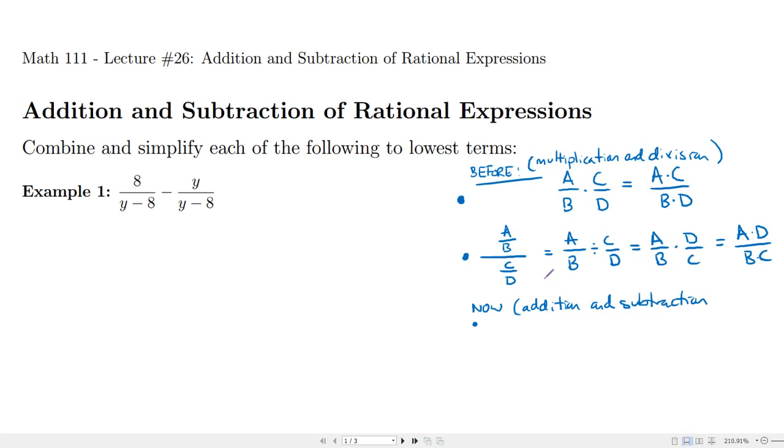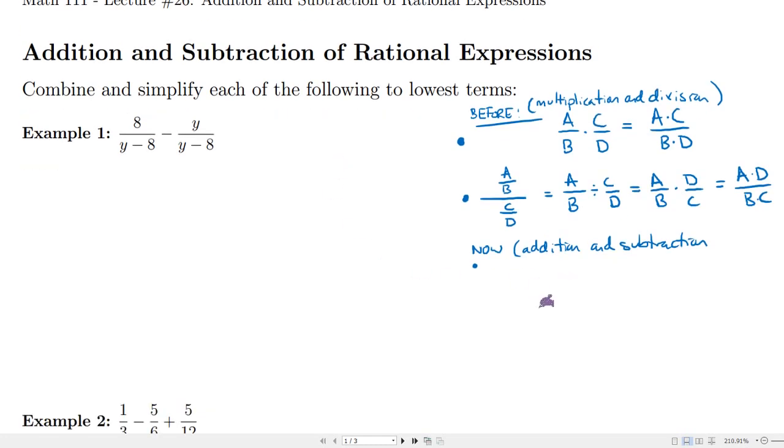If we have some general fractions, let's say a over b, and we want to do plus or minus c over d.